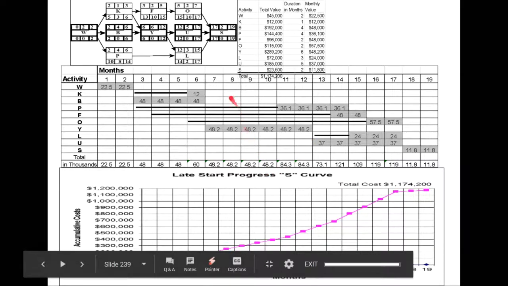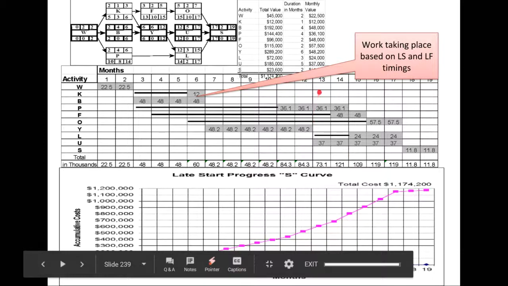Using this late start is not recommended, because if you deliver a project like this, you have basically no float, and if things go wrong, it's highly probable that you may not be able to meet the project end date. But for plotting the graphs, it tells you the other extreme, which is possible.